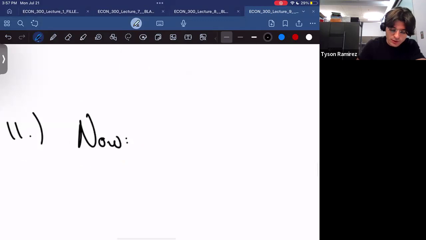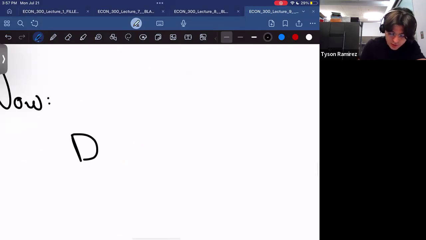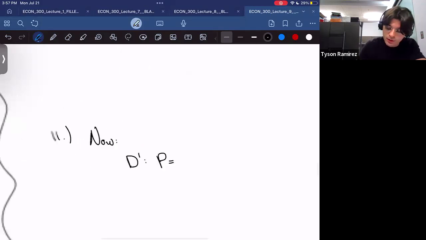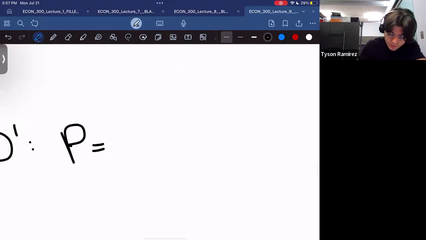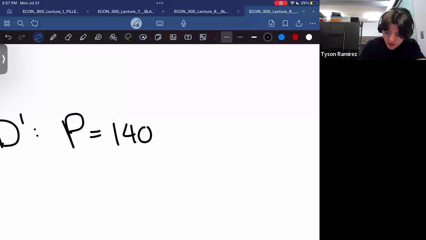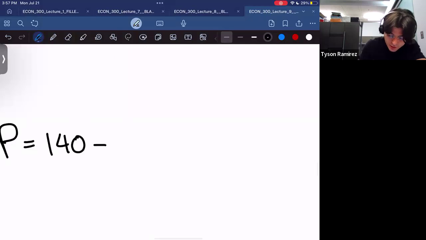All right. So now the demand function is given by P equals 140, but now minus a $6 tax, they asked. $6 tax. Minus $6.